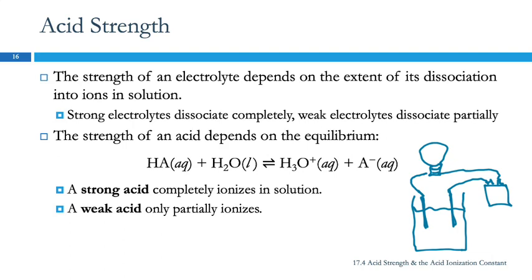So if we put a strong acid in this beaker, the light bulb will glow strongly. The light will be strong because there are lots of ions to carry that electric current around.